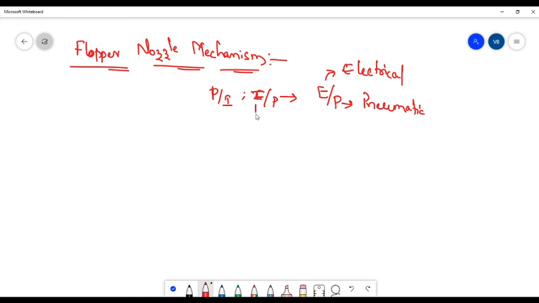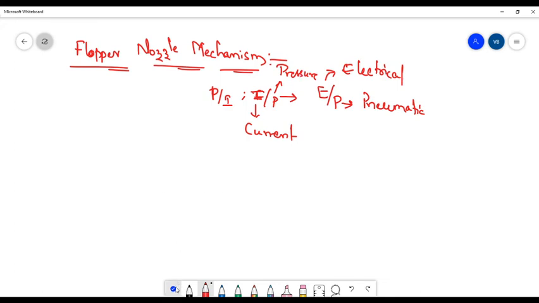Here I stands for current, and whenever you talk about current, P should be taken as pressure. These are the parameters, these are the systems. So electrical system into pneumatic system, current signal into pressure signal. Okay, so the flapper nozzle mechanism.